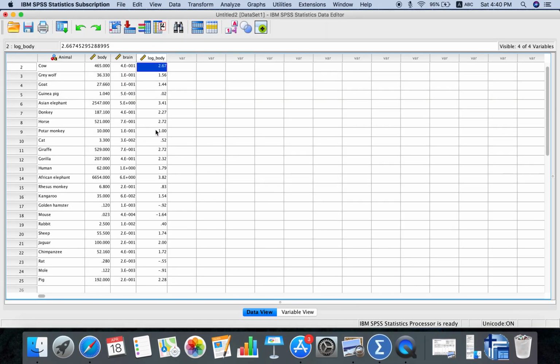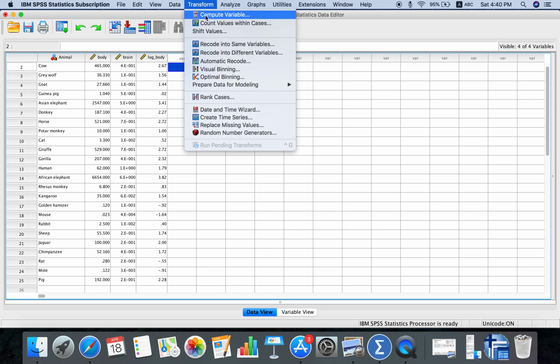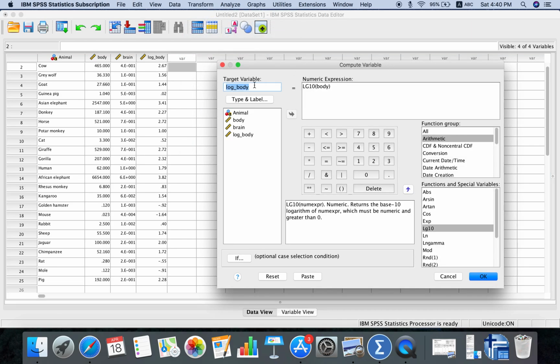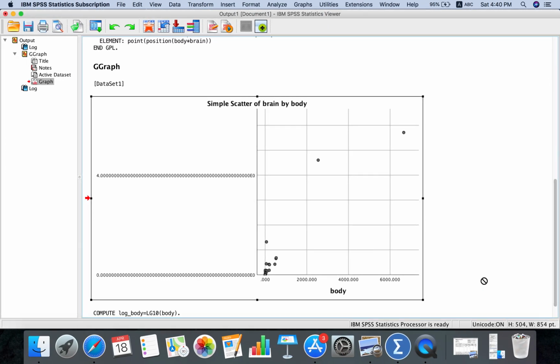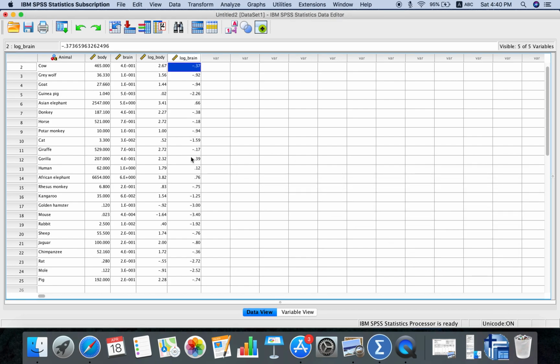Then a new column has been created. Then we do another one for the brain mass. This one we call log brain, and then we change this to brain. Click OK. So there you go.